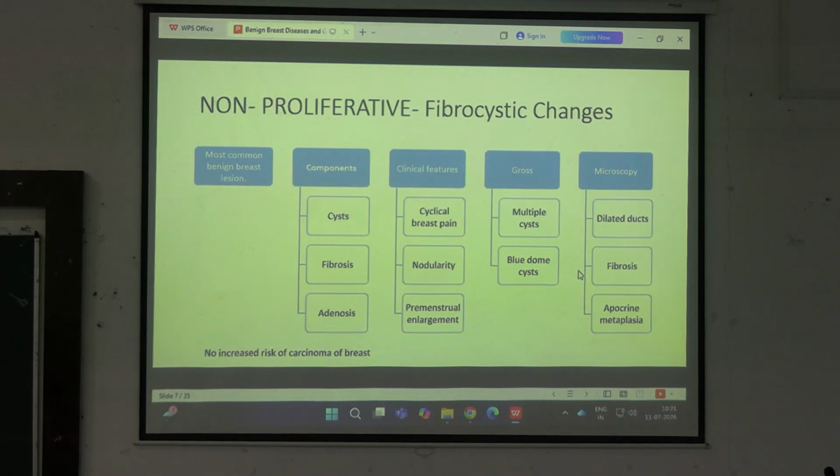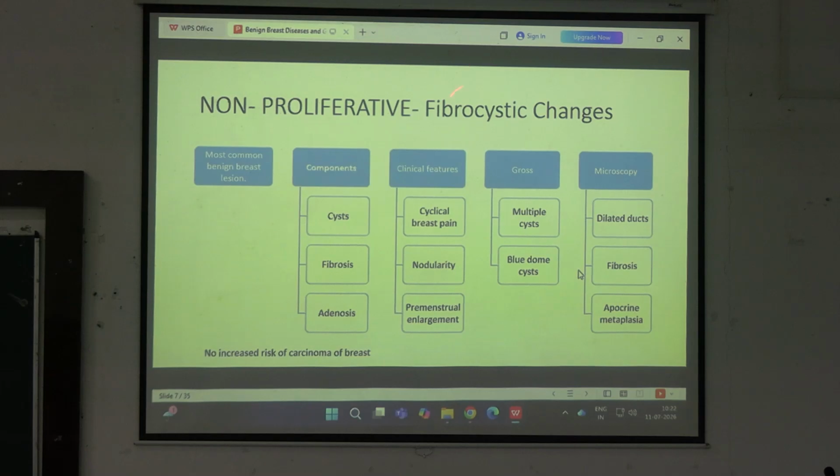So from the non-proliferative, the first important or the most common one is the fibrocystic disease. This is a benign condition which occurs in many cases, but this has no increased risk of malignancy. This will be present inside the name. From fibrocystic disease, there will be presence of cyst.